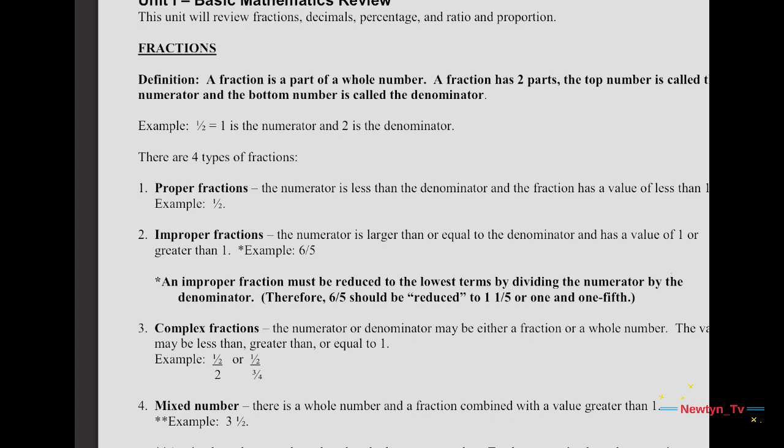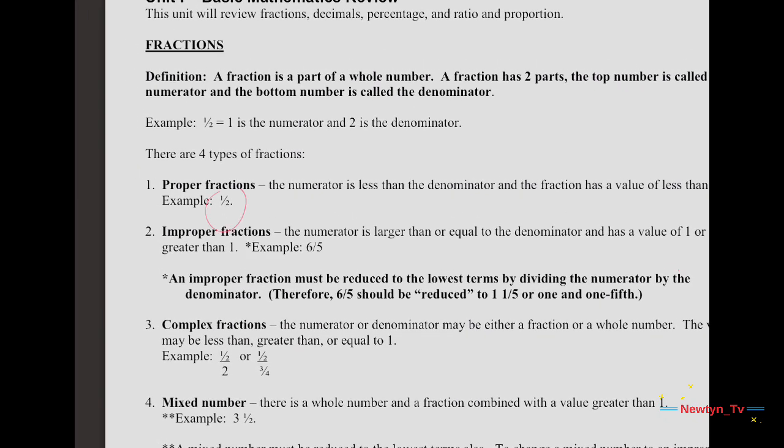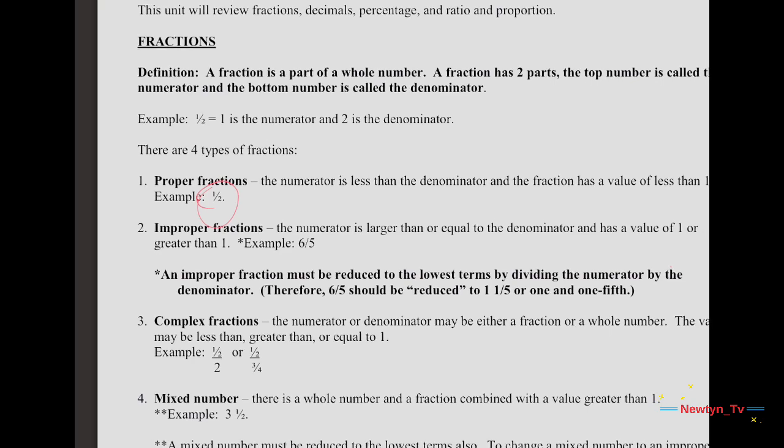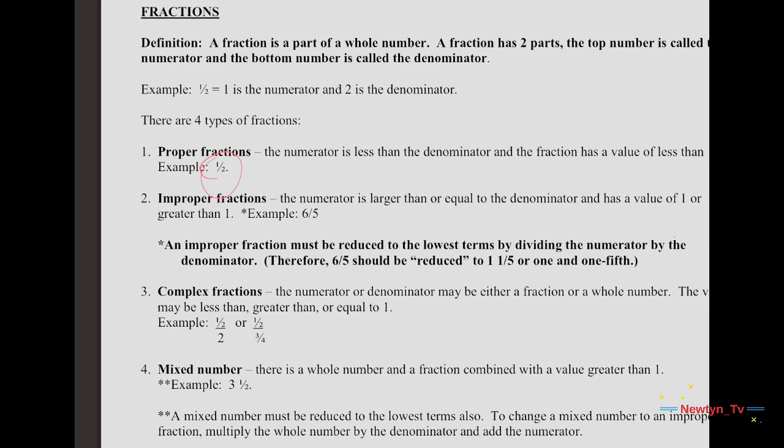With the proper fraction, the numerator is less than the denominator, and the fraction has a value of less than 1. An example is the half that we have right here, right? And we also have improper fraction, where the numerator is larger than or equal to the denominator, and it has a value of 1 or greater than 1.